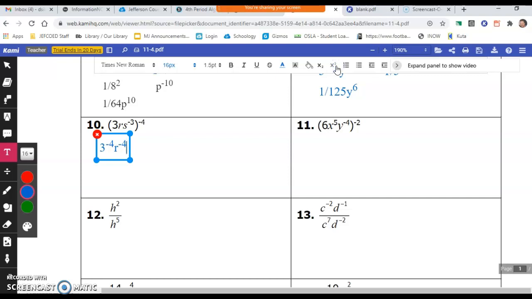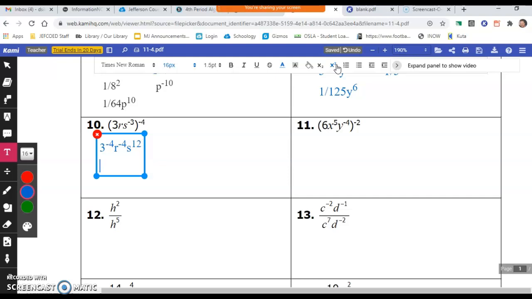And then we also have s is going to be raised to what? To the what? Positive 12. And this is one where we have to be careful because power rule tells me to multiply my exponents. And we know a negative 3 times a negative 4 is going to give me that positive 12. Okay? All right. Now, simplifying this, what two values are going to go on the bottom of my fraction? 3 and r. The 3 and the r.